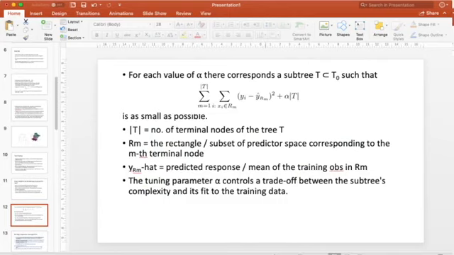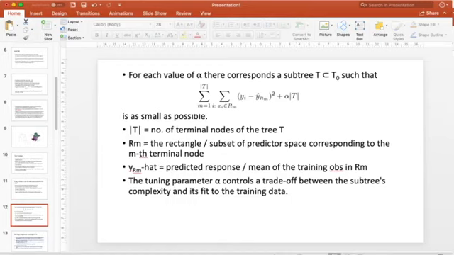It means that we try to minimize the residual sum of squares here on the left part, but with some tuning parameter on the right-hand side. The tuning parameter is alpha multiplied with the number of terminal nodes. So this tuning parameter alpha controls the trade-off between the subtree's complexity and its fit to the training data.